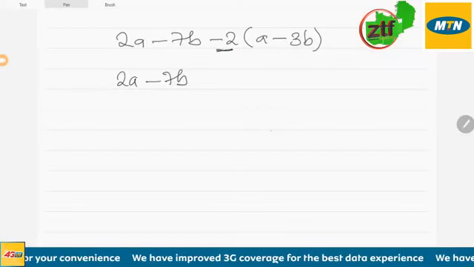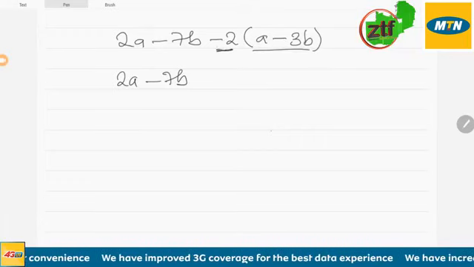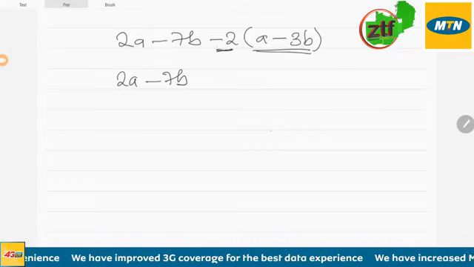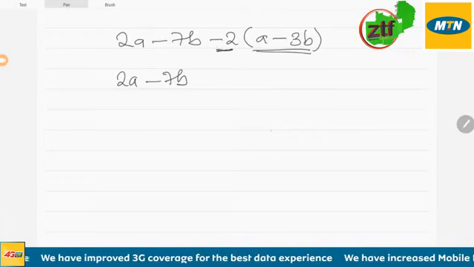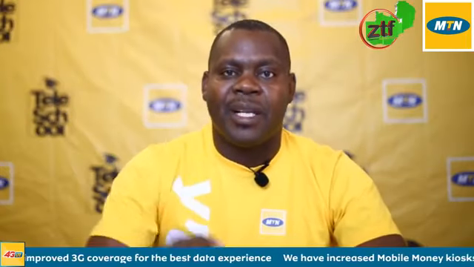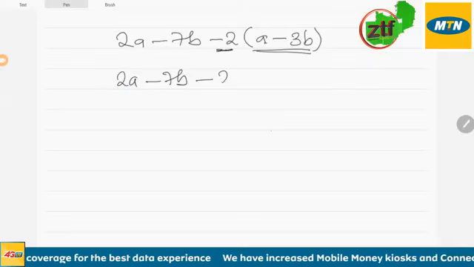So what is in our brackets? We have 2a minus 7b, and then we have negative 2 here, which is being distributed to all the terms in the brackets. And that is where most of the students make mistakes when it comes to expansion. So what are we saying here? Negative 2 times a, we are going to have negative 2a.